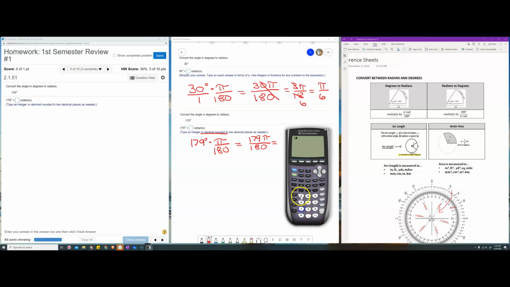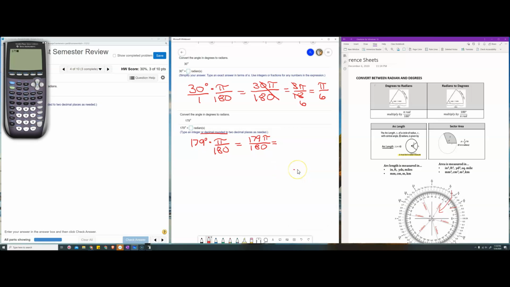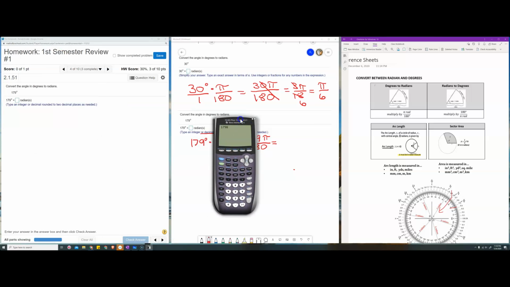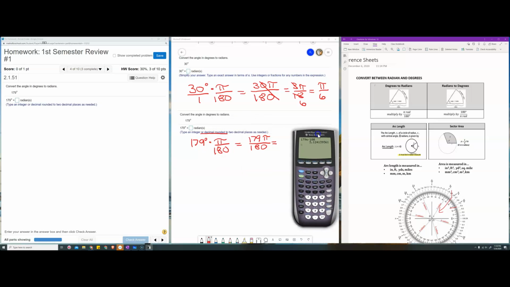Alright, so 179 times pi divided by 180. Okay, and then it says round it to 2 decimal places.